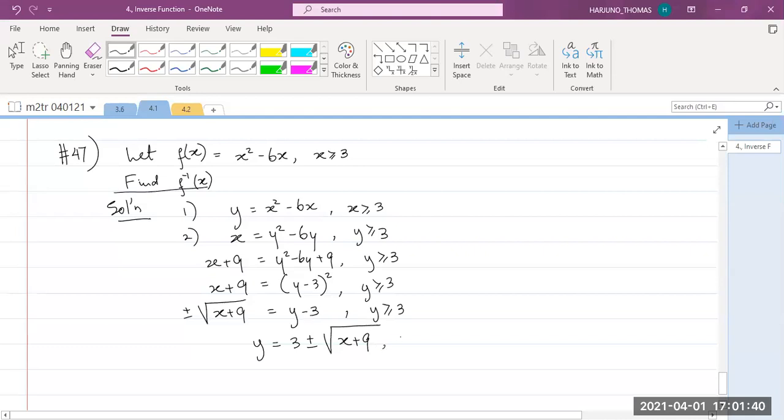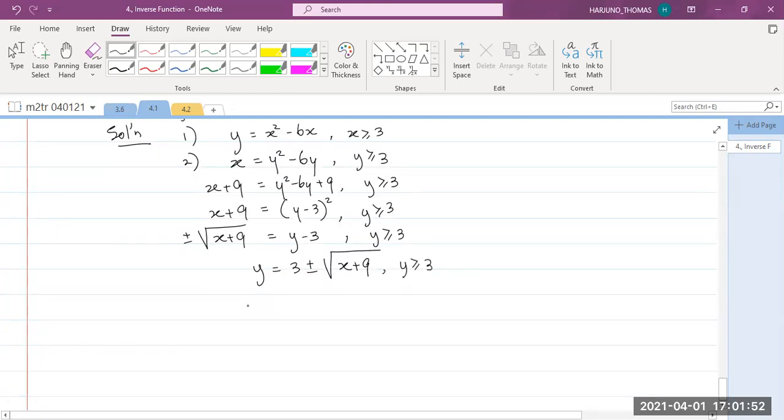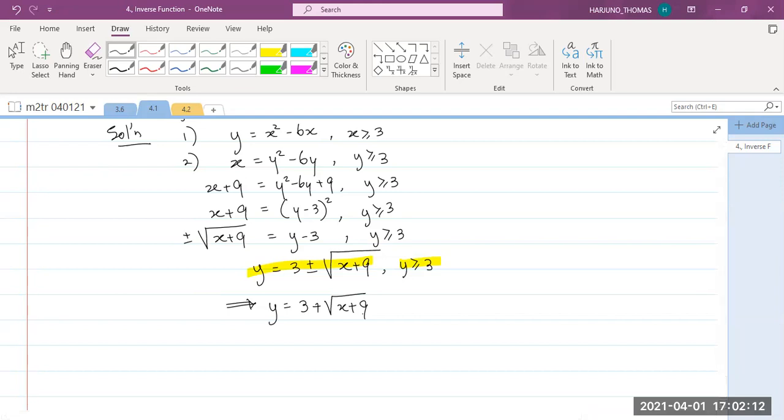Now the thing is, y has to be greater than or equal to 3. That eliminates the other branch, the negative branch. As if I'm saying that this together with this gives us only this. The y can be 2 values, but we also know that y has to be at least 3.